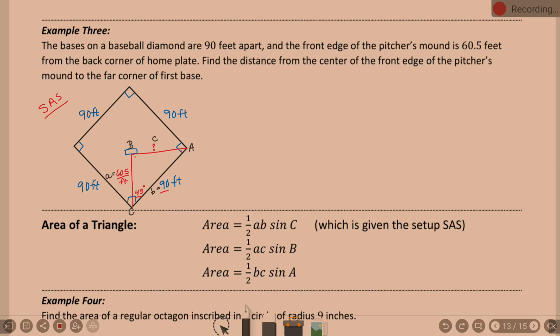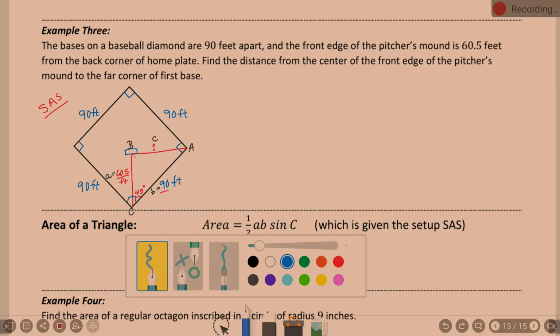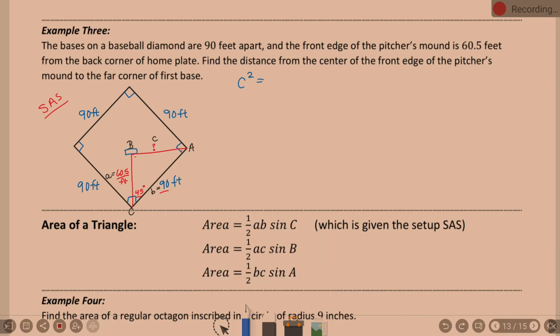If I know angle C and I'm trying to find side C, I'm using the equation that involves C. So C squared equals A squared plus B squared minus 2AB cosine of C.